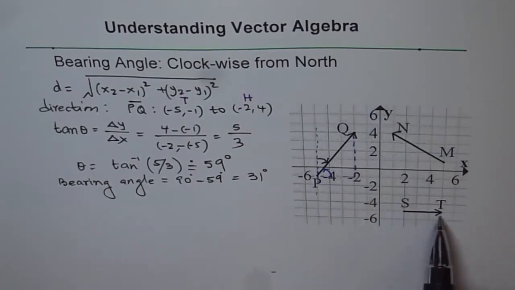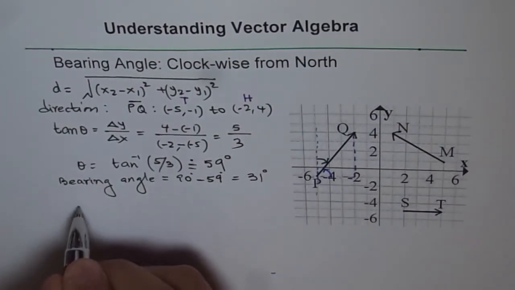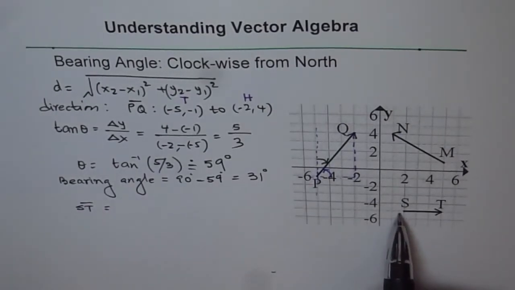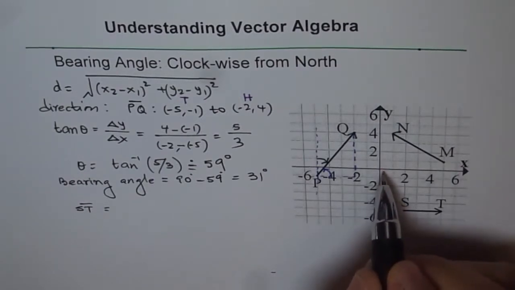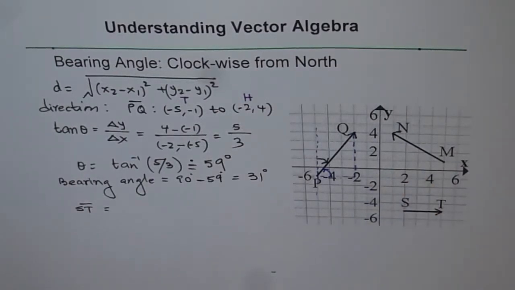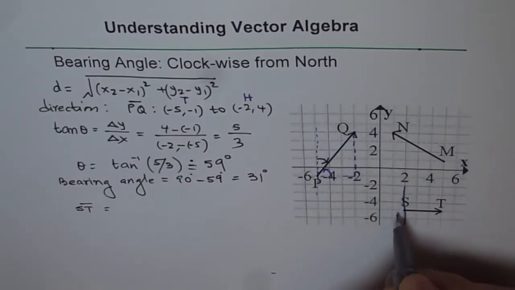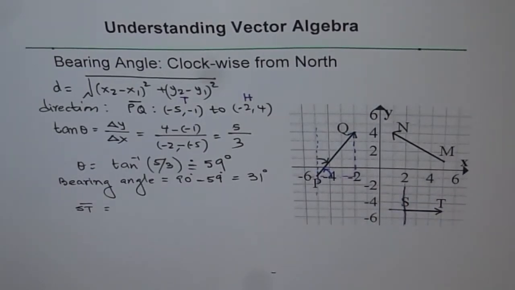Let's do ST. The bearing angle for ST: it is horizontally going east. Think like this. If it is going east, we can make our coordinate plane here itself. So that is my y-axis. This is the x-axis. It goes towards east.